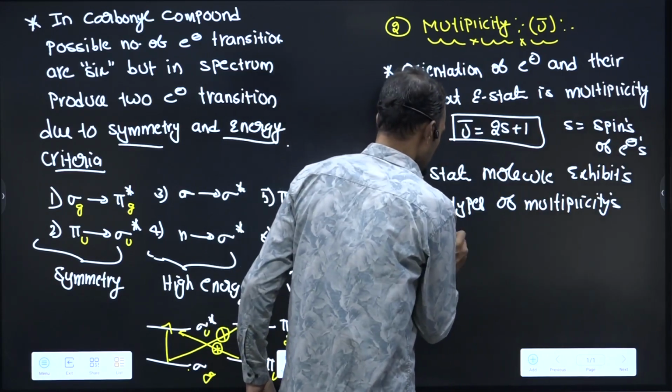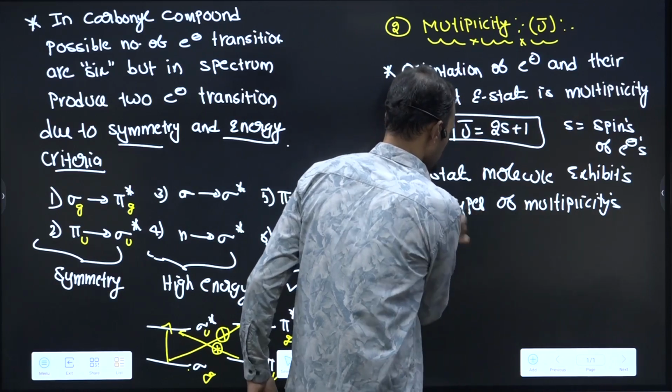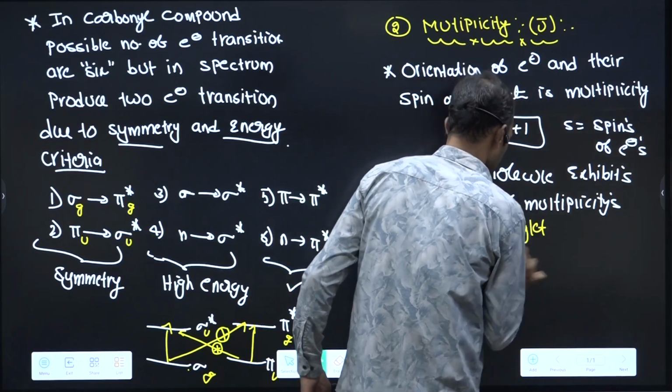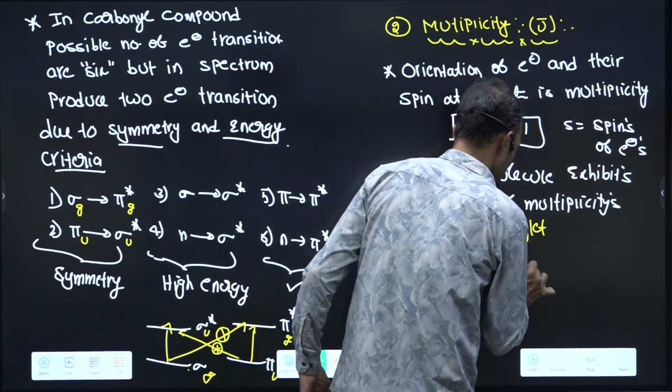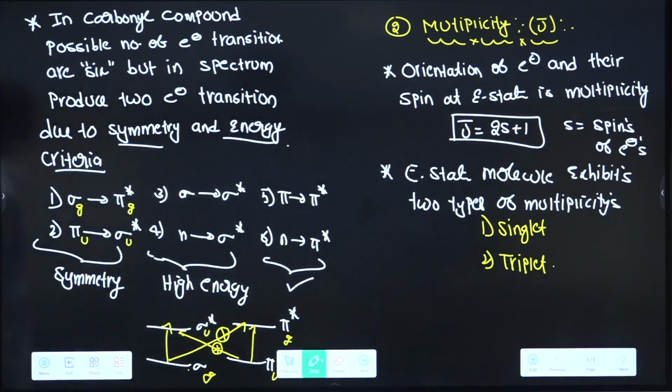What are they? First one is singlet, second one is triplet. Two types of multiplicities will be there for an excited molecule.